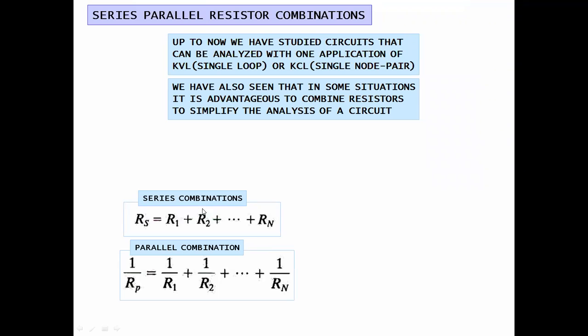These are very simple formulas to calculate the total resistance of a series circuit: Rs is equal to simply the summation of individual resistances. And in a parallel circuit, the reciprocal of total resistance, that is 1 upon Rp, is equal to the summation of the reciprocals of individual resistances.